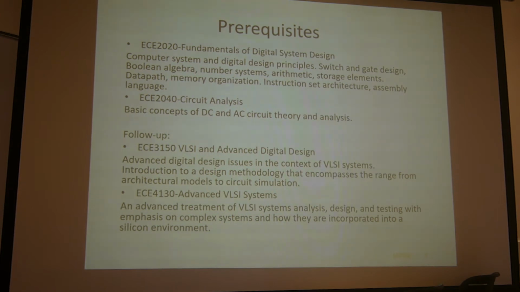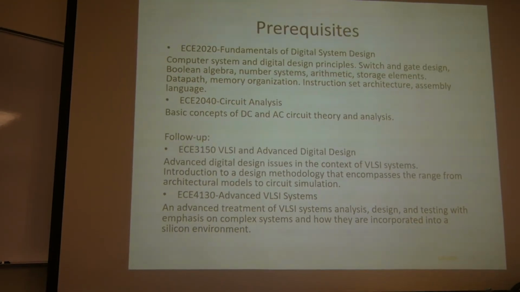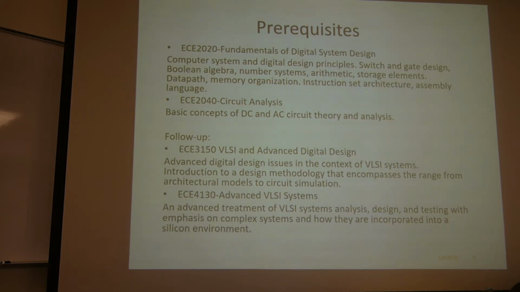Okay, so the prerequisites for 3030. I assume that all of you have done the 2000 level 2020, fundamentals of digital system design, and also 2040 circuit analysis. Basically, we are going to use those 2 courses as prerequisites for this course.